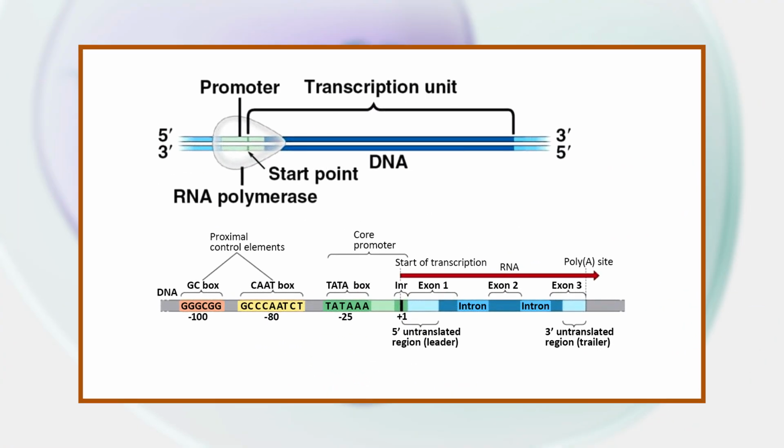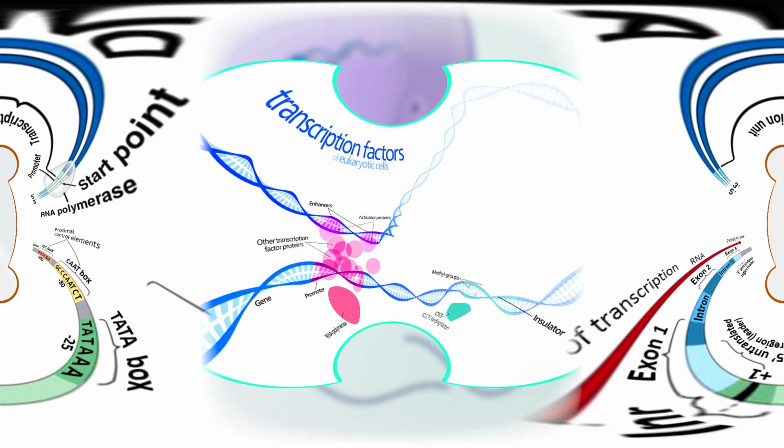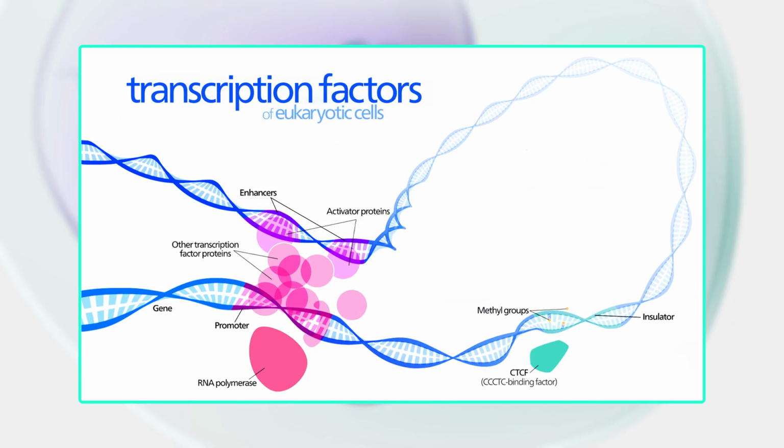Sequences in the DNA which are recognized by these transcription factors and which serve as binding sites for the transcription factors are generally upstream, that is 5' of the start site for transcription, and are called promoters. Additional transcription factors can bind to sequence elements called enhancers that may be located further upstream or even downstream of the gene.